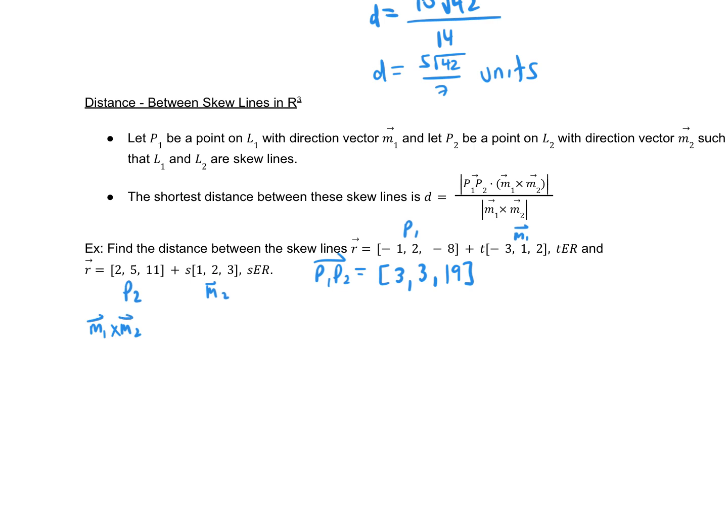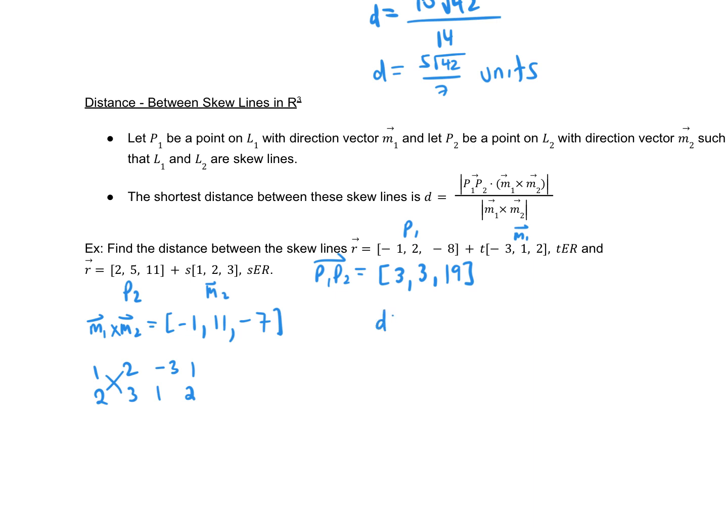So I will do that on the side and set it up nicely and carefully. So that's going to be 3 minus 4, 2 minus -3, -6 minus 1.